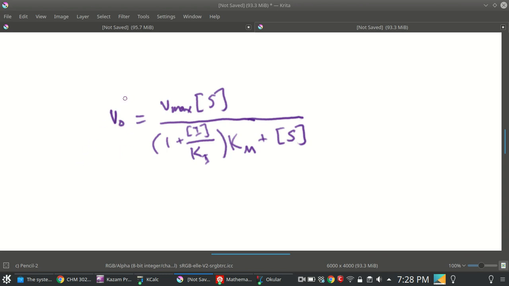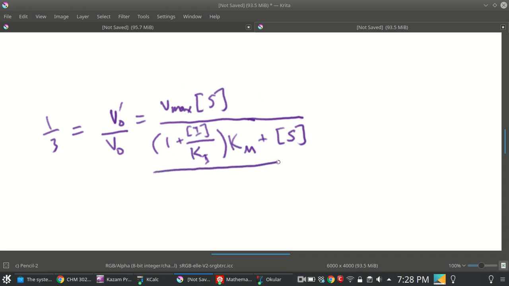That means the new initial rate, I'll call it V naught prime, is 1/3 of the old initial rate. So V naught would be the initial rate, and V naught prime would be the new initial rate. That ratio is 1/3, okay?